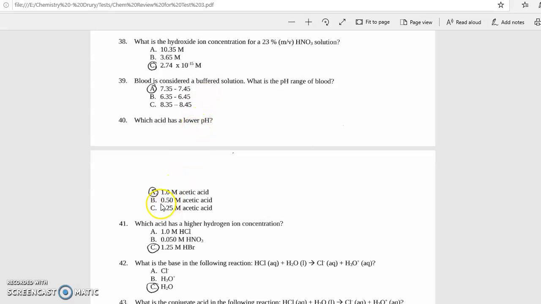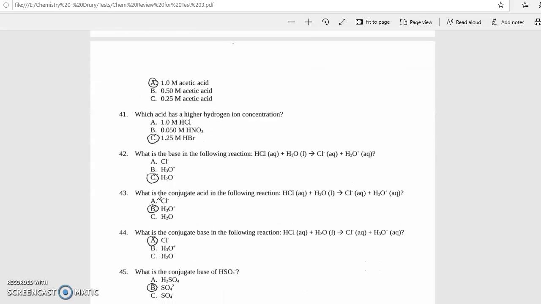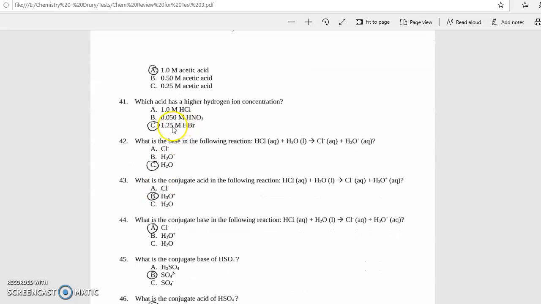Lower acetic acid, well, the higher the molarity is, the higher your acetic acid concentration. That would be A for 40. For 41, it's 1.25. This has the highest hydrogen ion concentration. This right here, this serves as the base, so the answer is C.